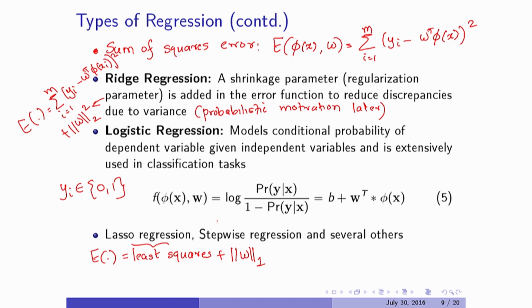More about these later, but this was, I think, a sufficiently representative set of variants of linear regression, and we'll find that these variants also hold for other supervised learning problems.